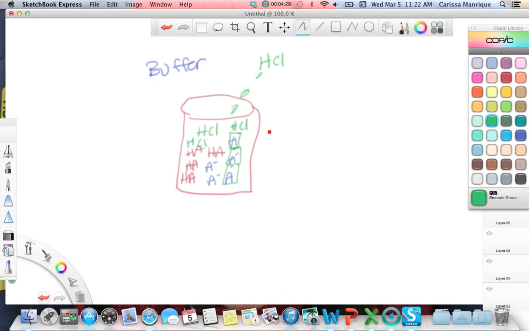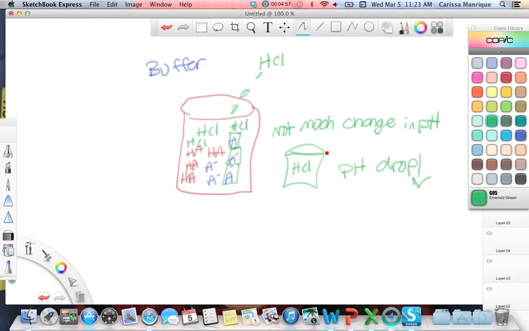So there is not much change in pH. It'll affect it just a little bit because we are getting rid of some of the base. Normally, if I put some hydrochloric acid in a beaker, the pH will drop dramatically and become very acidic. But whenever you have a buffer, it won't change that much.